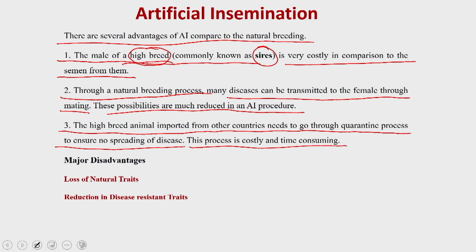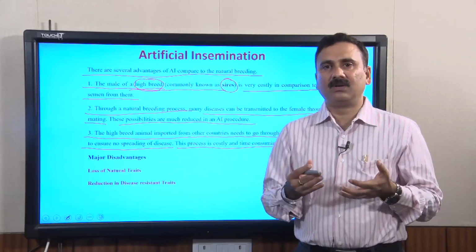So, you have three advantages. First, you do not have to go with the hybrid animals, you can easily take up their semen and go for artificial insemination. With the help of expert technicians, you can get the same breed, but without going through the high cost of that particular breed.